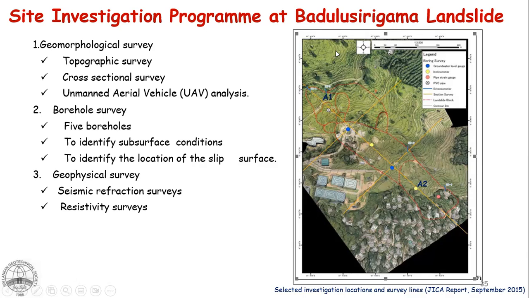These were accurately established through topographic surveys, cross-sectional surveys, and mapping done with drones, unmanned aerial vehicles, and also 5 boreholes were done to establish the subsurface condition, along with seismic surveys and the resistivity survey.